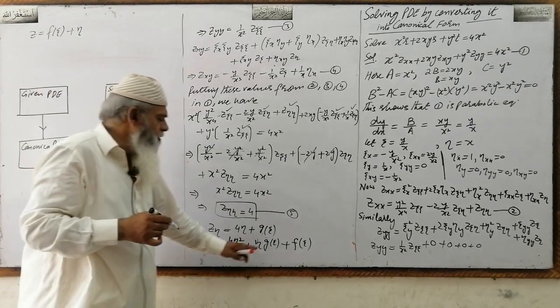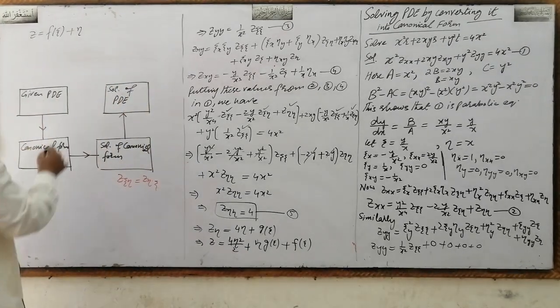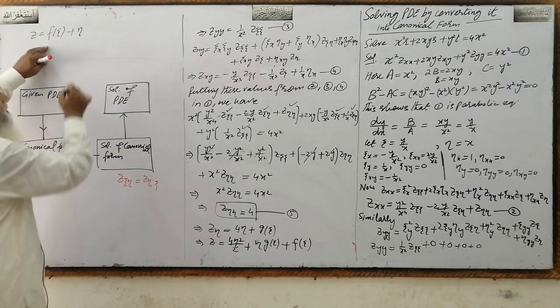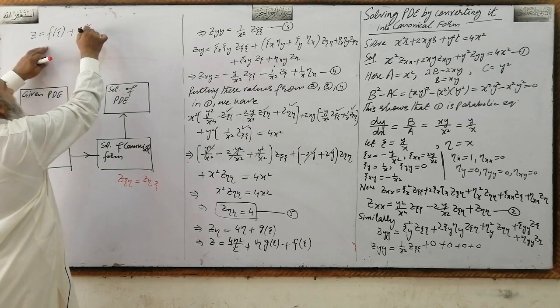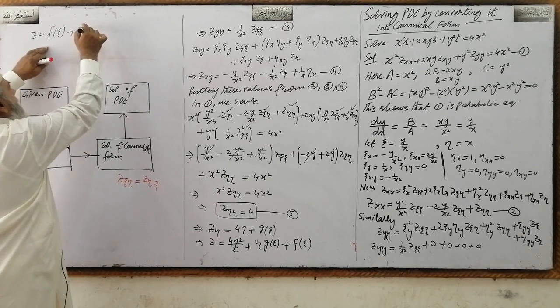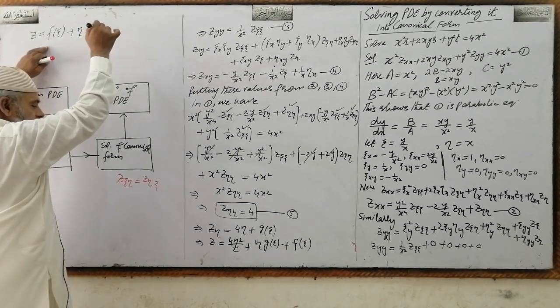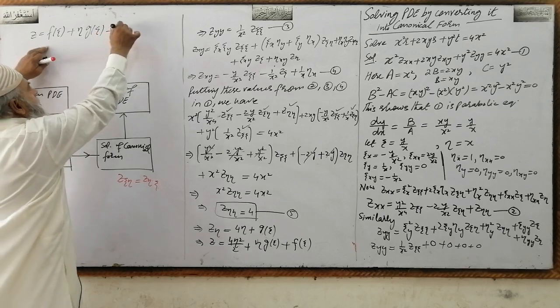Although there was no problem in writing phi 1, we can write g here in order to get symmetry: f of xi plus eta g of xi plus 2 eta square.